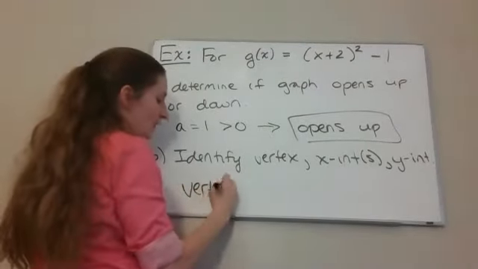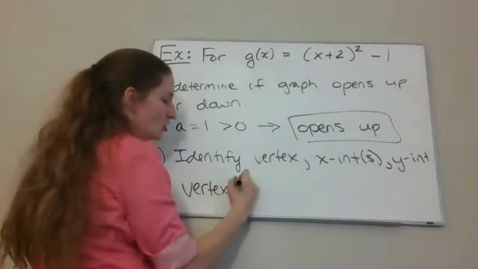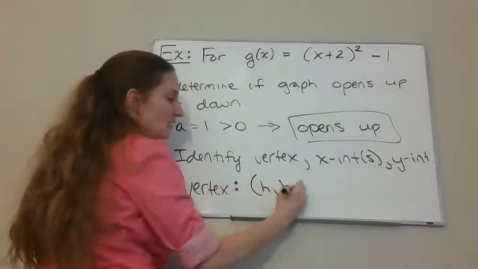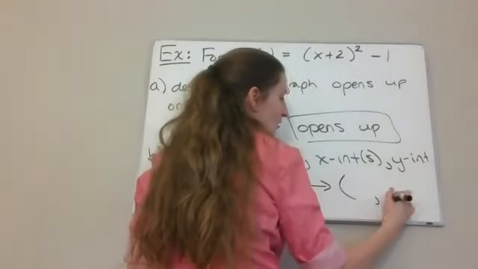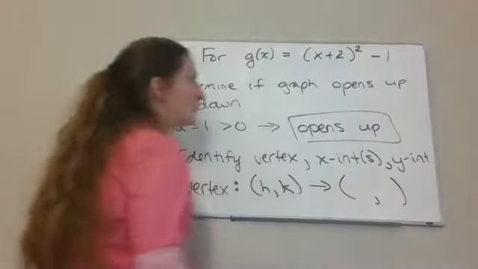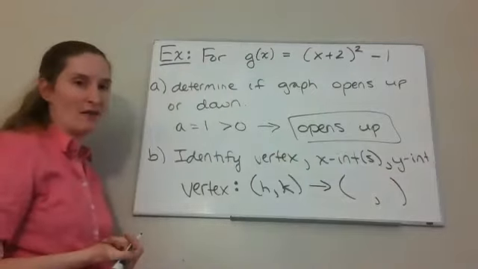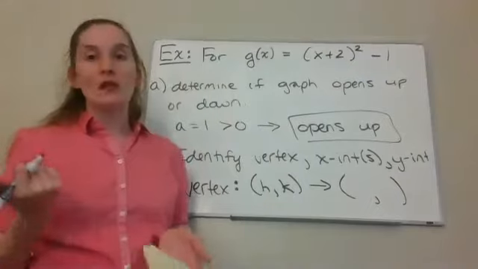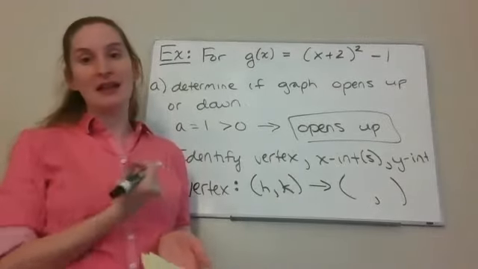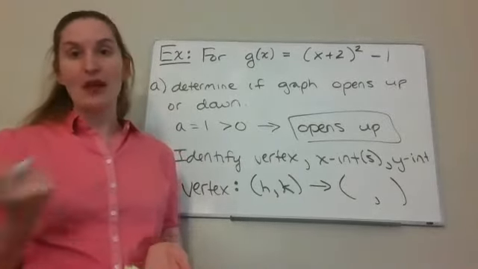Your vertex is supposed to be the point h, k. Now, I have found that students sometimes struggle finding what the h value is, but they're usually good at the k value. Remember that the vertex form was a times (x minus h) squared plus k.